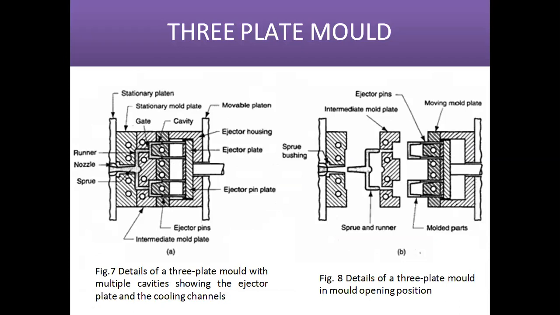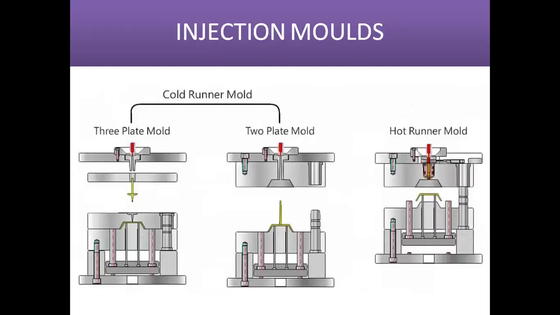So in the next cycle, the plastic melt that is situated in the sprue and the runner will automatically get into the mold cavity. So that is the concept of hot runner mold.